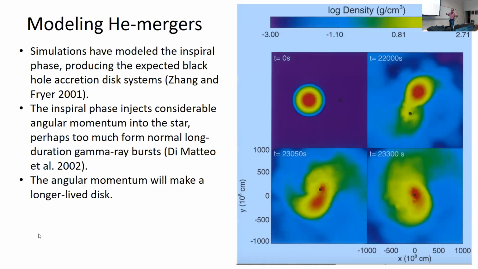So the problem with this disk is that it takes a long time to accrete, longer than the 10 or 100 seconds of a lot of the long duration gamma ray bursts. So this model became a little bit disfavored, because it made disks with too much angular momentum. Most of the other accretion disk models, like the collapsar model, have trouble getting enough angular momentum. This one had too much.